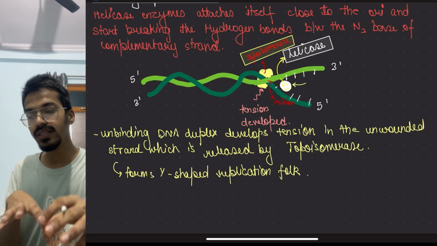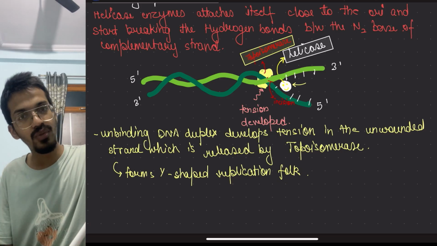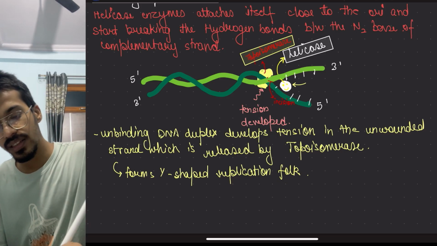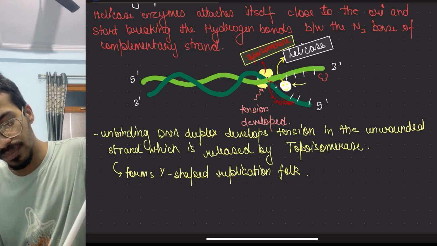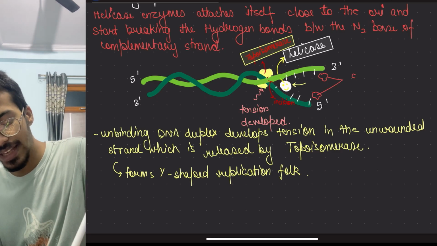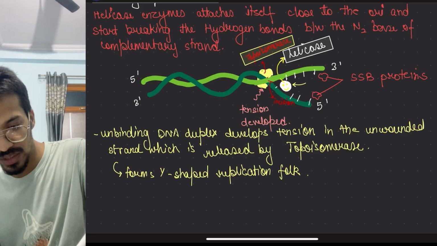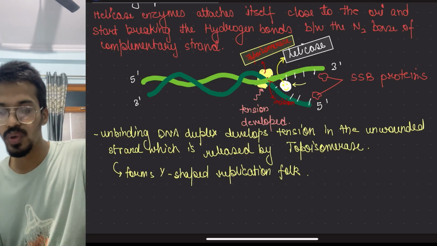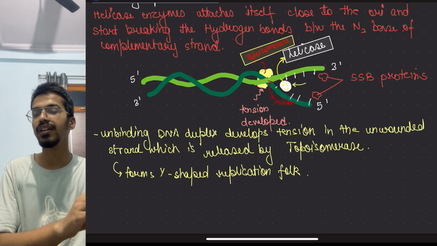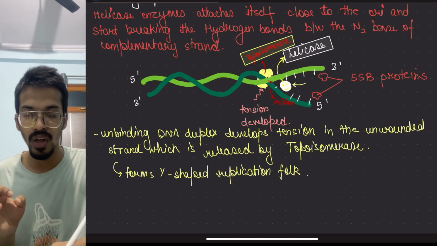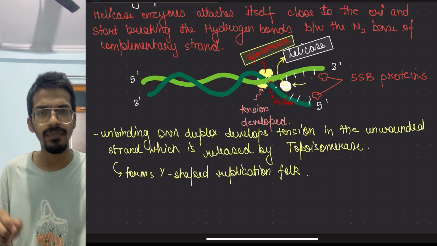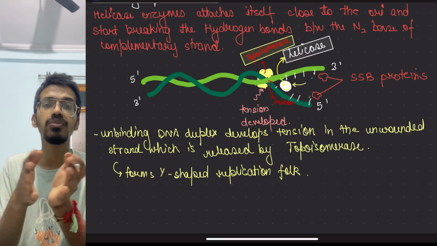Now, since this should not go and unwind again, what happens? Certain proteins will come over here. These are SSB proteins. What do these SSB proteins do? They prevent the strands from joining up again, because these are complementary pairs. They can join back again through hydrogen bonds as they come closer in the cell.